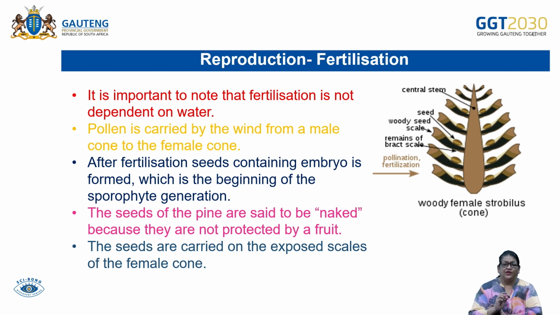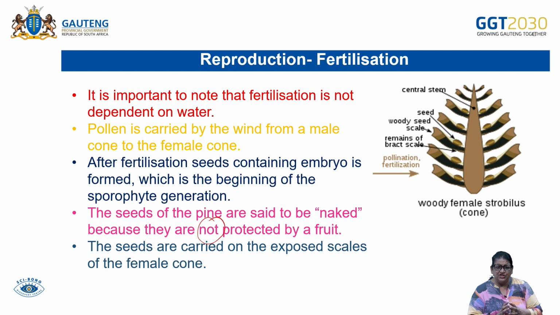Okay, so now, children, you find that the ovule becomes a seed, but nothing protects the seed. They just simply fall down. Now, normally when you are eating a fruit, you find the seeds are inside the fruit. Here, there's no fruit. Because there's no fruit, they say it's naked, because they are not protected by a fruit.